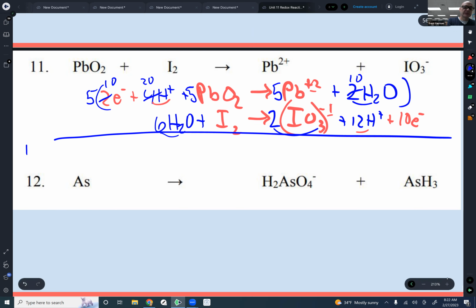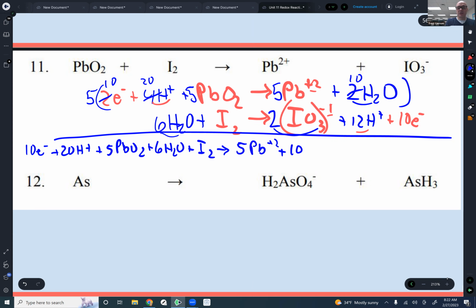I'll have 10 electrons, 20 hydrogens, 5 lead oxides, plus 6 waters, plus iodine, producing 5 leads, 10 waters, 2 iodates, 12 hydrogens, and 10 electrons.